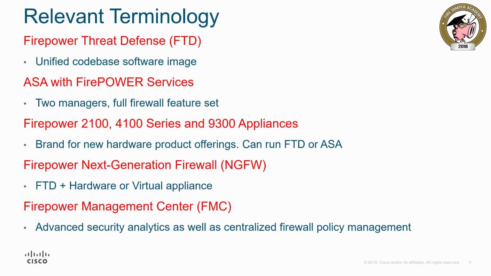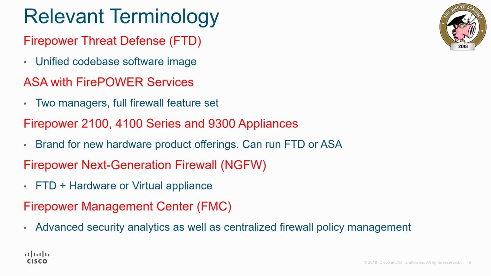Other relevant terminology, which will help support some of the slides that I've provided or run through already, as you can see here. Firepower Threat Defense is the unified code-based software image. ASA with Firepower services, you have to consider that it has two managers to provide full firewall feature set.